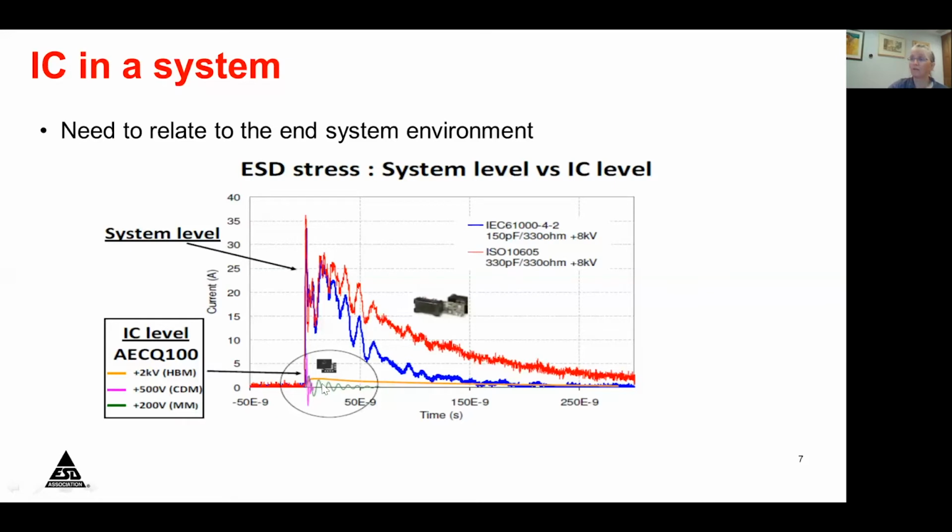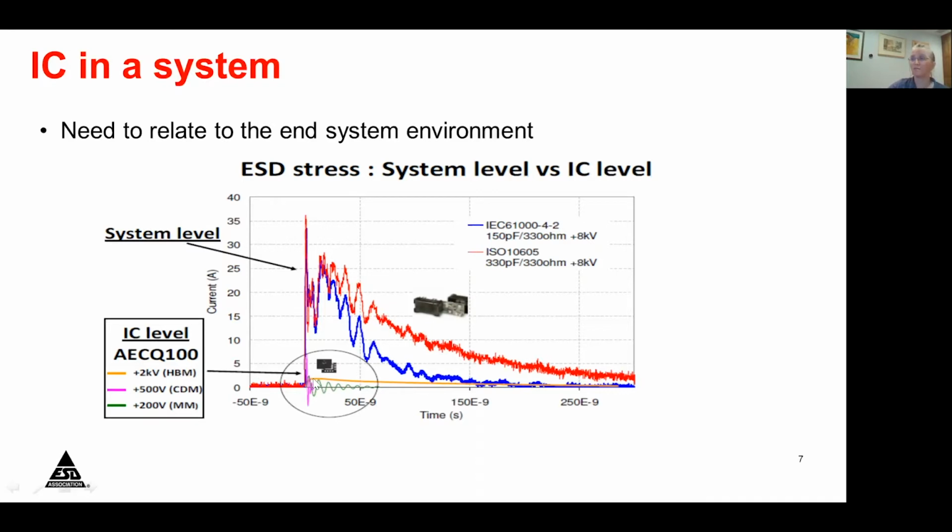I'm highlighting really two different environments here. What I call the IC level, down here, which is our target for standards, and I'll go into reasons why, is in and around 2000 volts, and it's called human body model.